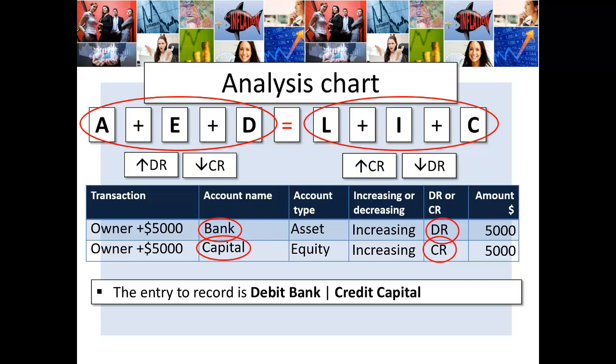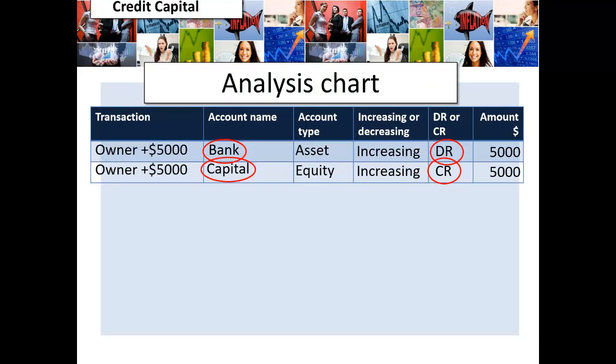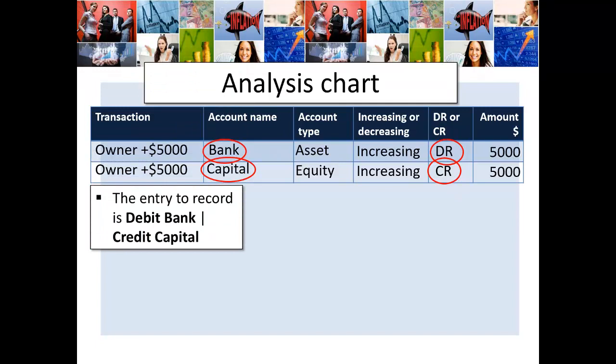Okay, so the analysis chart, we know how to do this now. The entry to record is debit, bank, credit, capital. Debit going first, credit going second. Right, debit, bank, credit, capital.